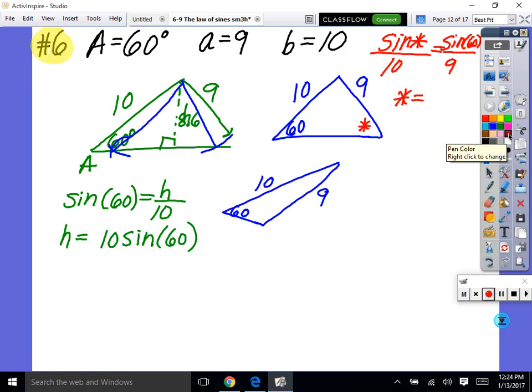What is the algebra going to come out to be at this point? We multiply up and then take the sine inverse. So we would have 10 sine of 60 divided by 9. So what is star? It's what? 74.2. Did everybody else get that so that we are good?